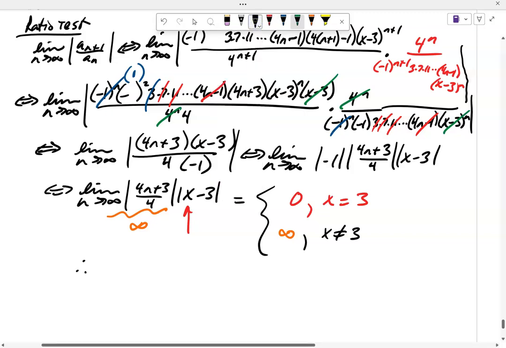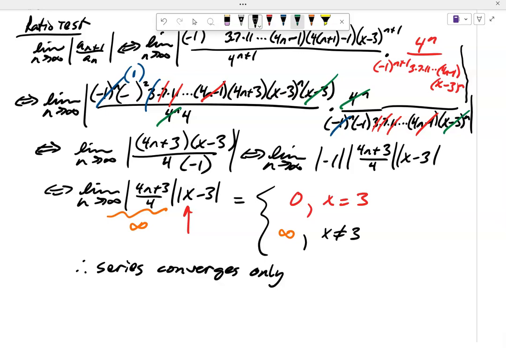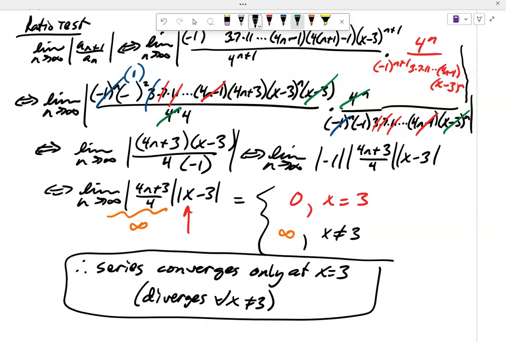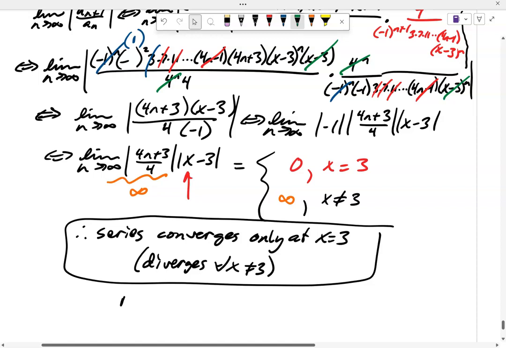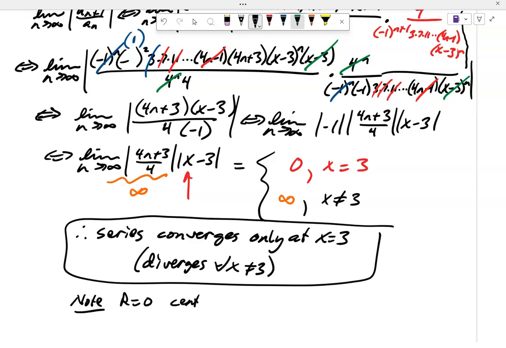Therefore, the series converges only at x being 3. It diverges otherwise. So note our radius of convergence, by the way, is 0, and it is centered at 3.